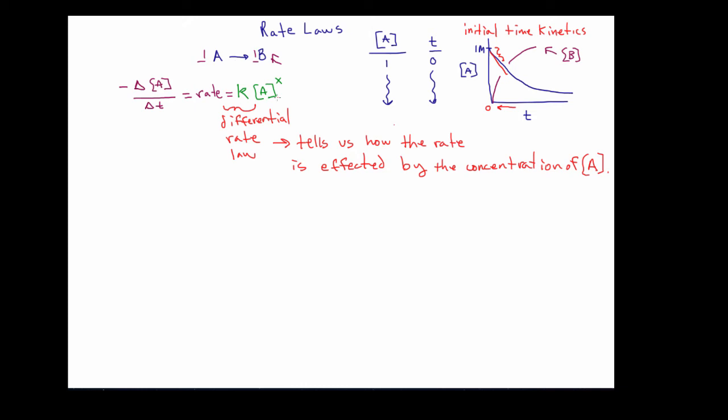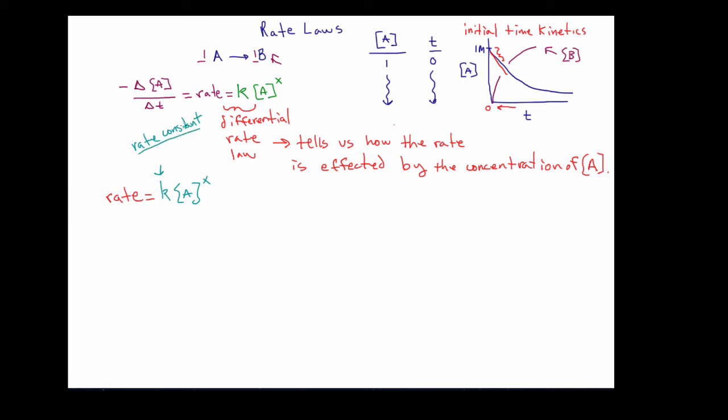Now, let's define the things that are in it. So I'm going to rewrite the expression here. We have rate is equal to rate constant times concentration of A raised to the x power. So the k value here, this is what we call the rate constant, and we're really going to talk about the specifics of this later on.